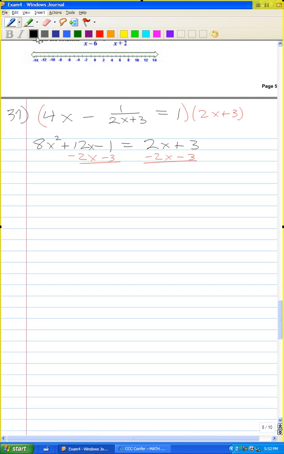And so I get 8x squared plus 10x minus 4 equals 0. Actually, let me divide each of these terms by 2. And so I have 4x squared plus 5x minus 2 is 0.